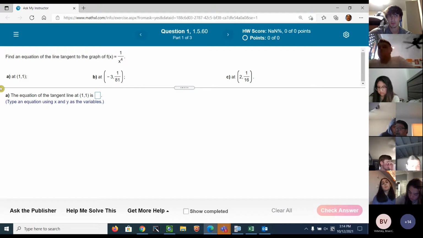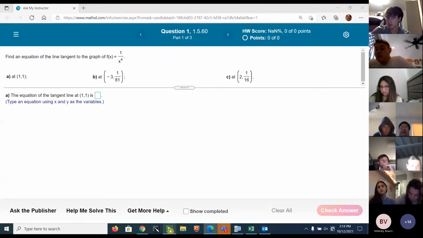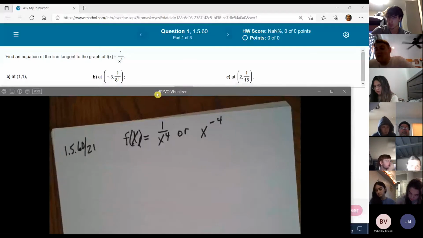So f prime of x, or f of x, sorry. F of x is equal to 1 over x to the 4th, or x to the negative 4th. So I'm going to draw this and bring it down right here.